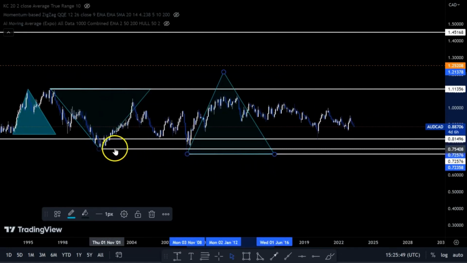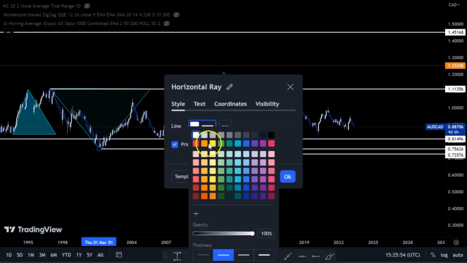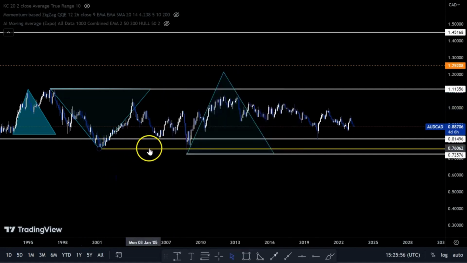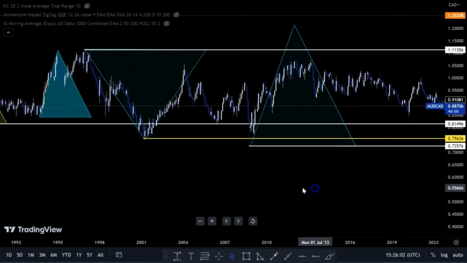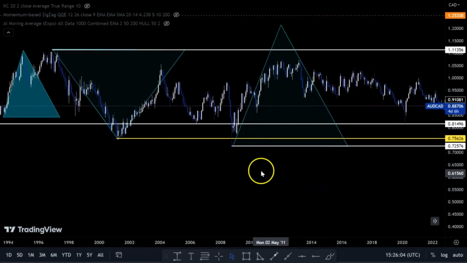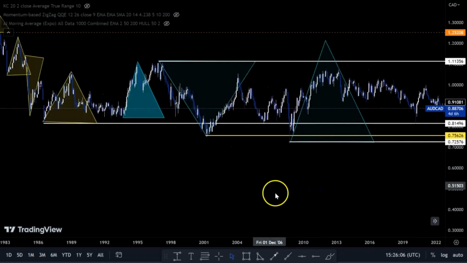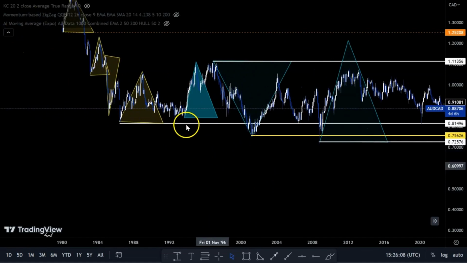This support line, let me change the color of this to yellow, was not broken at all. You remember when we were doing support and resistance, it was just tested, so it's still valid. So this structure is valid.